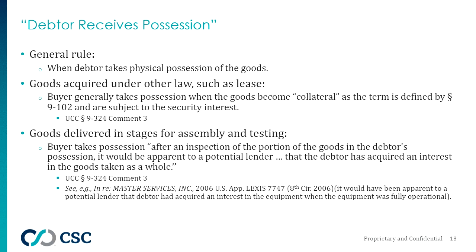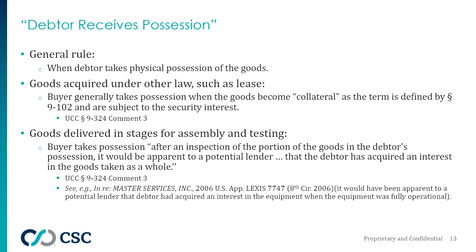The way to determine when the debtor takes possession is when the goods become collateral, as that term is defined in Article 9, and therefore become subject to the security interest. There's a little more detail about that in the official comments to UCC Section 9.324, which governs purchase money security interests in goods. It is possible to get a purchase money security interest in goods that the debtor has been leasing.